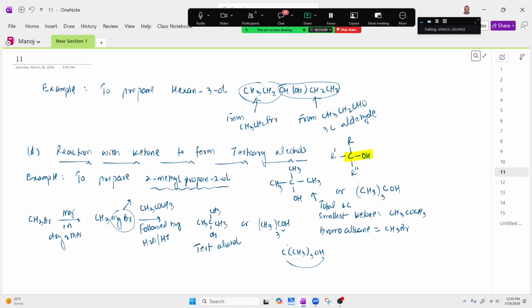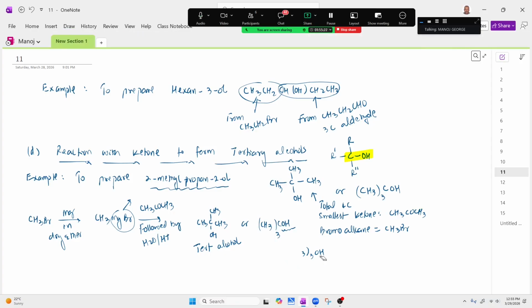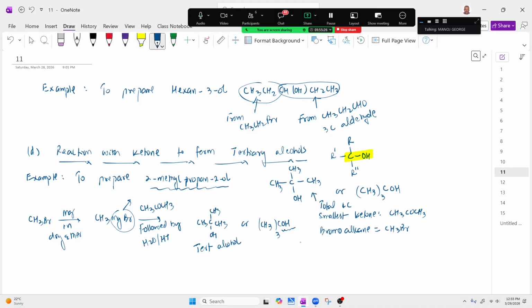So it's much better to write it this way to show that the OH is actually connected to the carbon, and it's also connected to the 3 CH3. This way gives more correct information compared to the other way. Does that make sense? I just want you to highlight that the OH is connected to the carbon. So that's why we did that. Okay, that's about it.